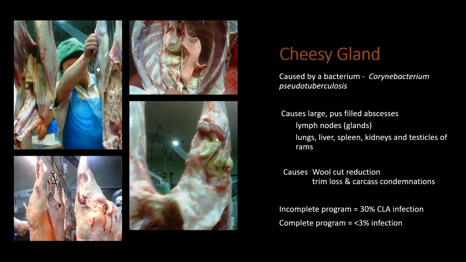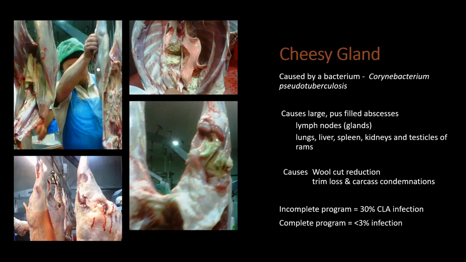The lesions can also be found in the muscle tissue. So these cheesy glands are a significant problem, because if an animal goes to the abattoir and has one of these lesions, it will result in trimming. If that lesion is in the forequarter of the animal, it will generally result in the trimming of a large portion of that forequarter.